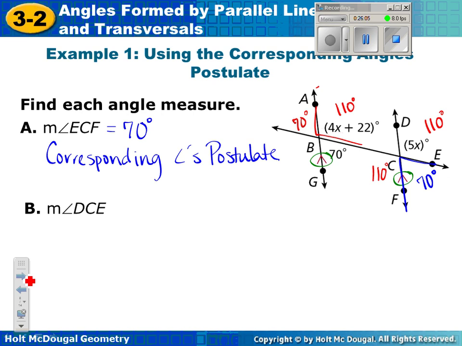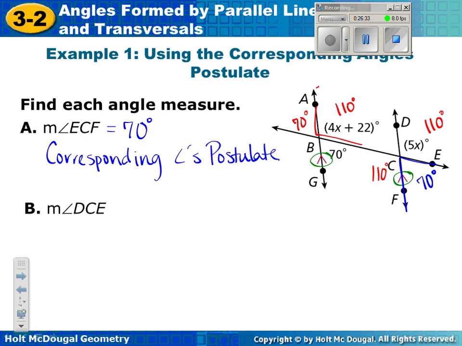Could you have had a different answer for why this was 70 here to start with? If you did it that way, you would have to list every single theorem that you used to get there. So yes, you could have said vertical angle theorem to get this measure, then linear pair theorem to get this measure. Then you could have said corresponding angle theorem to get this one, and then linear pair theorem again to get this one. And that would be fine, but you would have to list all of those steps unless you just use one theorem. Okay, so just make sure you list everything.